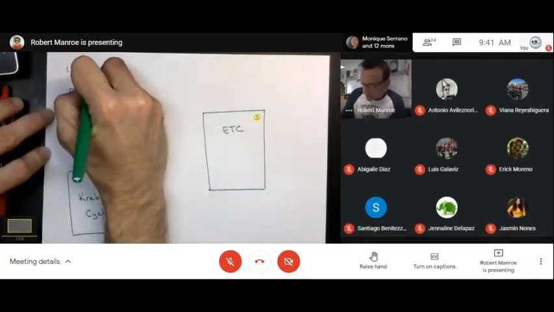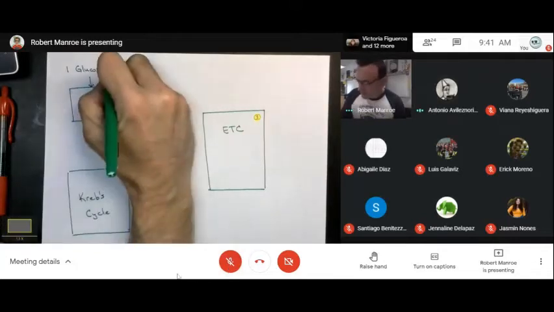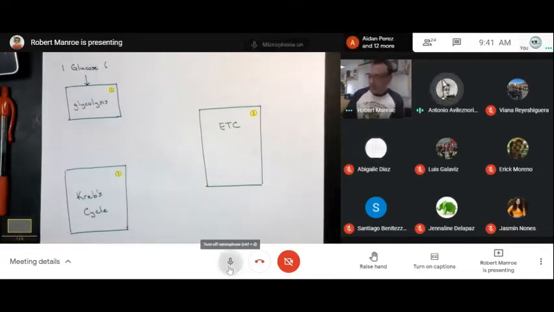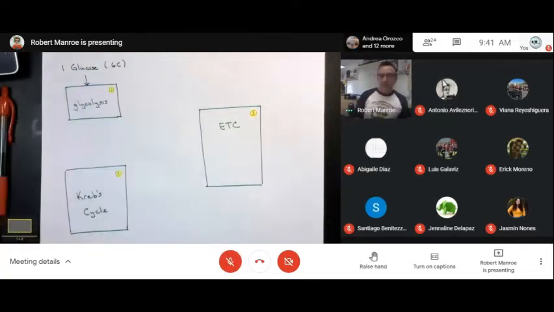1 glucose. How many carbons in glucose? 6, I agree. There's a ring, and then it has a carbon off of one of the central carbons.